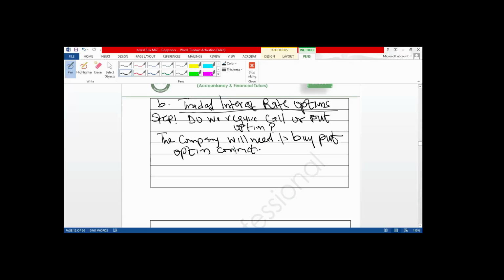That answers your step 1, and that is very compulsory to do. Because the premium payable under call is different from the premium payable under put. If you fail to select the appropriate contract, you will miss the point.